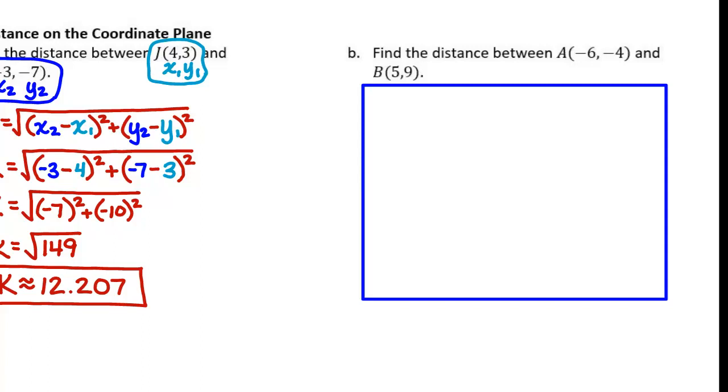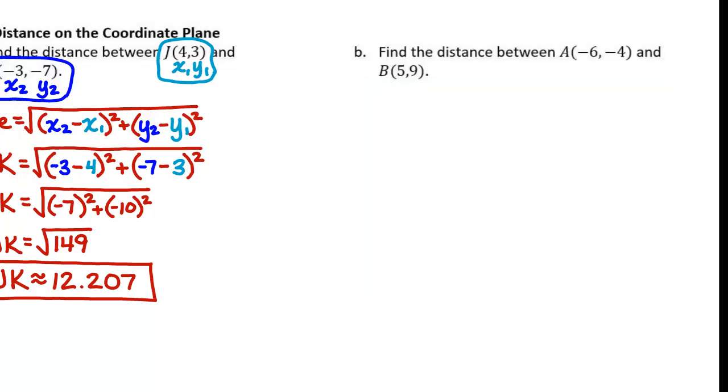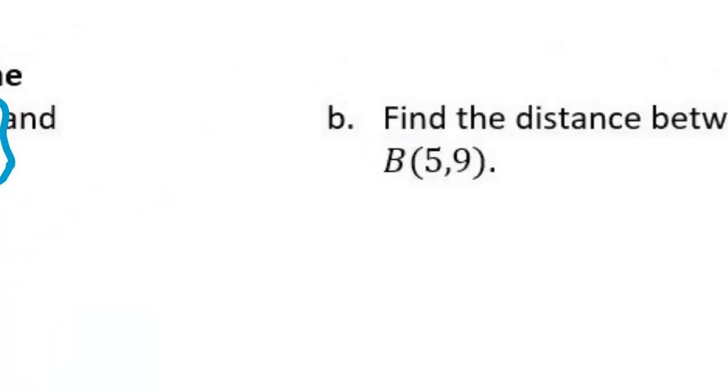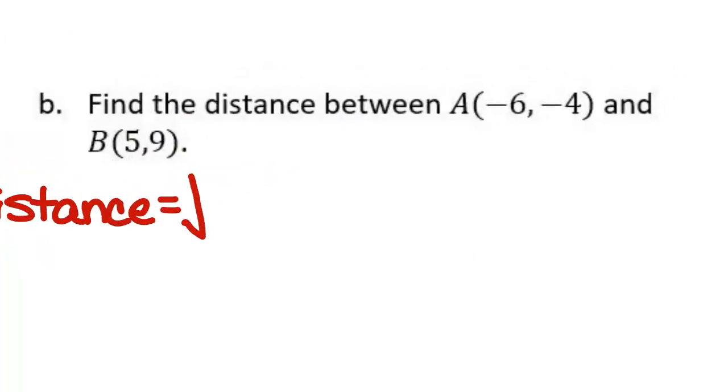Let's do part B. Let's try this again. So the first thing we need to start off with is our distance formula. So distance is equal to, and then we have a big, enormous square root sign.